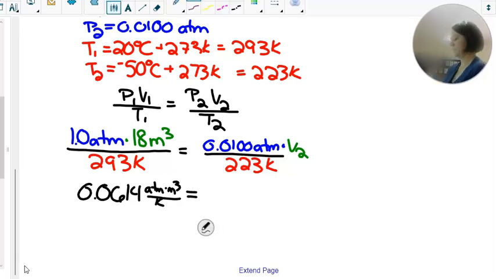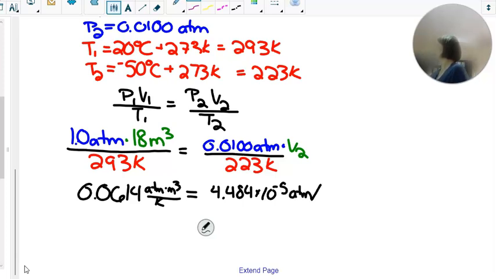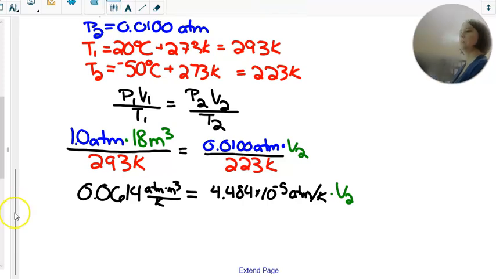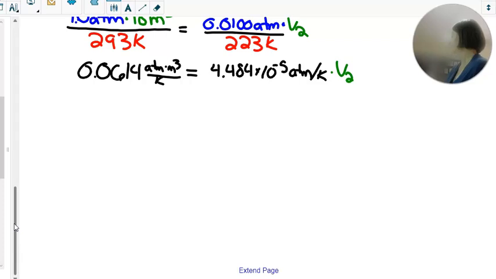And then on the right side, did you get 4.484 times 10 to the negative fifth atm over Kelvin times your V2? So we're going to take that number and divide it on each side.